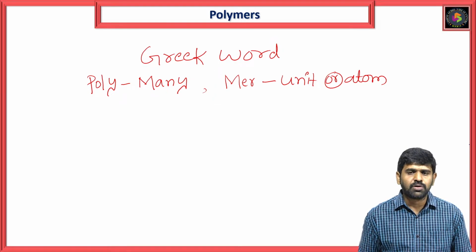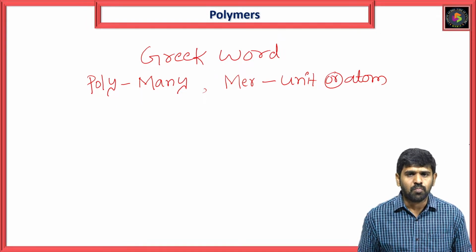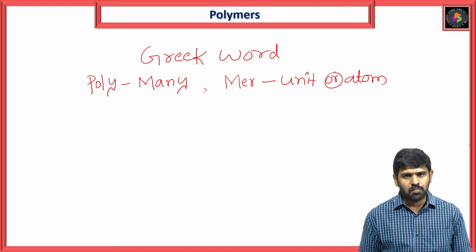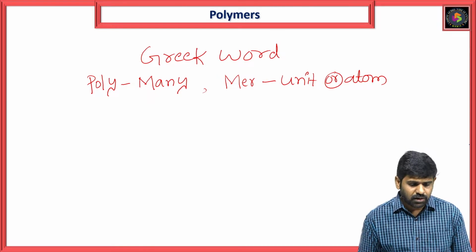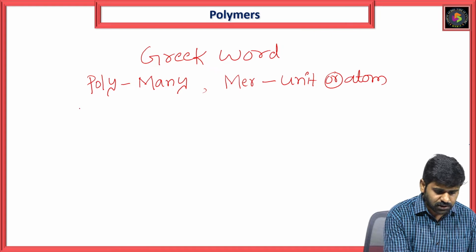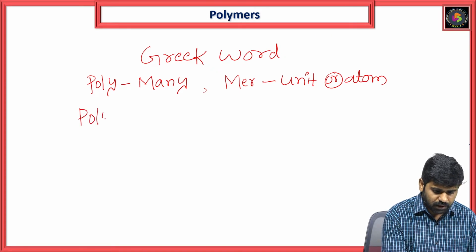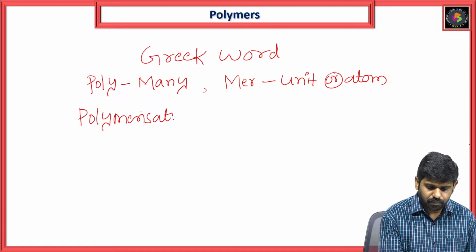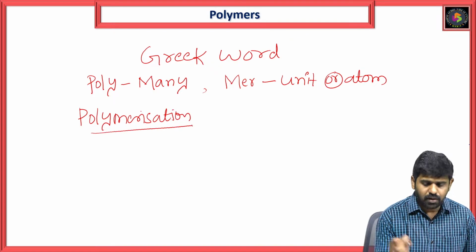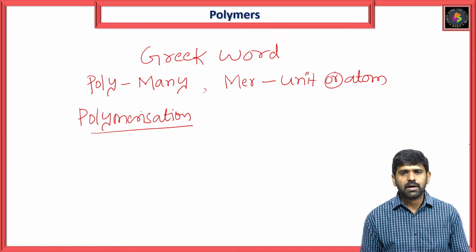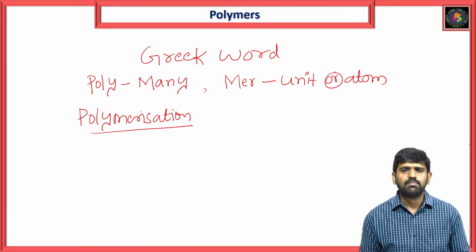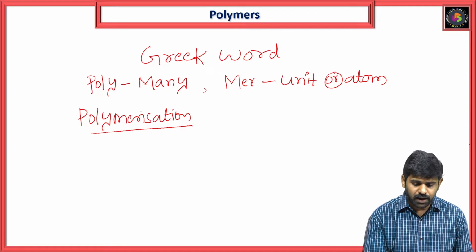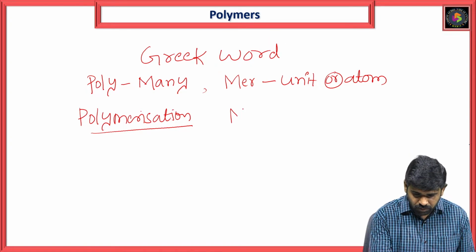And the small molecules which combine with each other to form very big molecules are termed monomers.